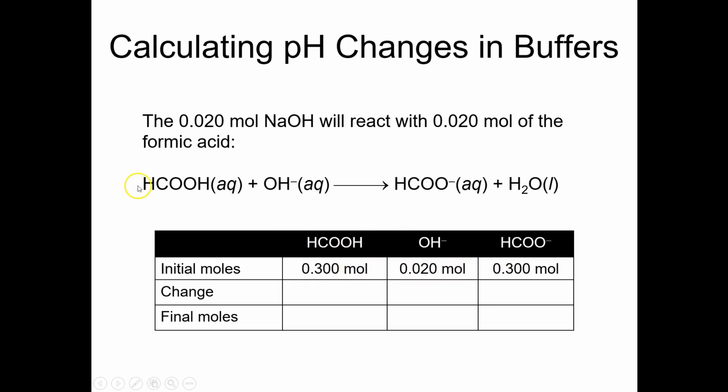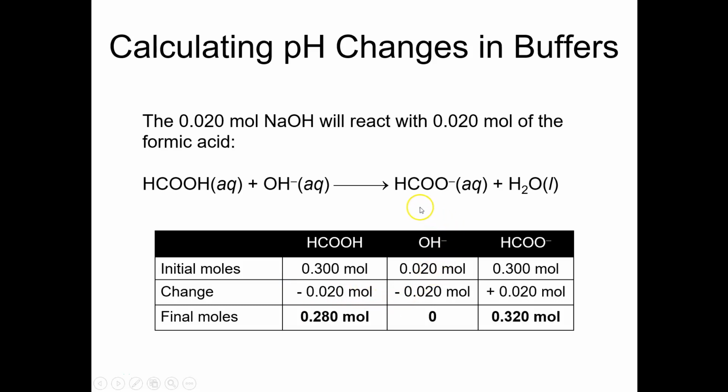All of these coefficients are 1, and therefore this is going to be minus x, and plus x. I clearly have a limiting reactant here, and because all the coefficients are 1, it's simply the thing that I have the fewest moles of. So x becomes 0.02. I can simply write that in, and therefore I can calculate the final moles of each.